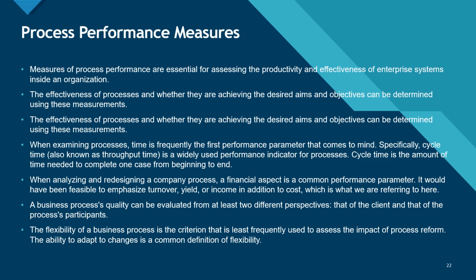A business process's quality can be evaluated from at least two different perspectives, that of the client and that of the process participants. The flexibility of a business process is the criterion that is least frequently used to assess the impact of process reform. The ability to adapt to changes is a common definition of flexibility. So these are the performance measures.